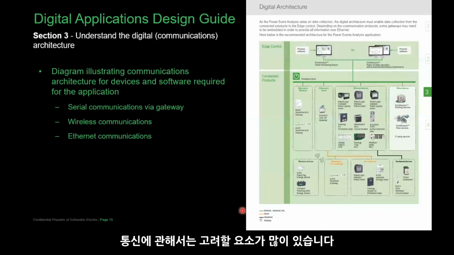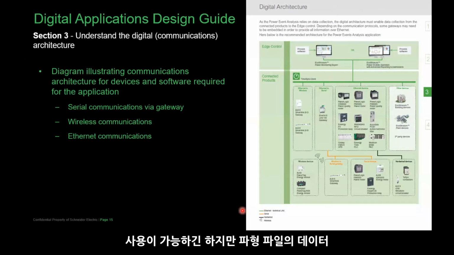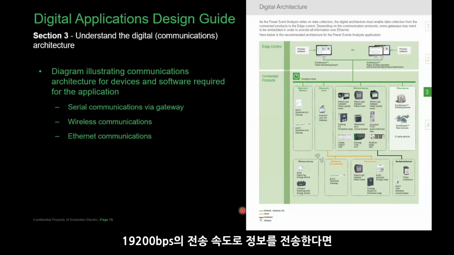So there are a lot of consideration factors when you come into communications, all right. If you don't use the advanced meters' built-in Ethernet, but use serial communication, you can do it, but it's really not advisable because the waveform files and onboard memory data are really very heavy data, right? It takes time to pull this information at a baud rate of 19,200 bps, it takes a while.